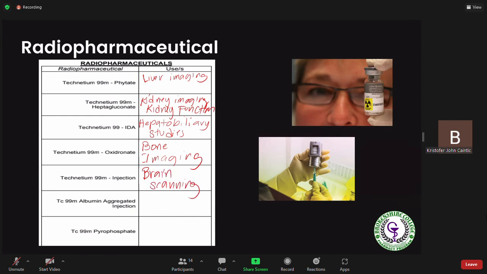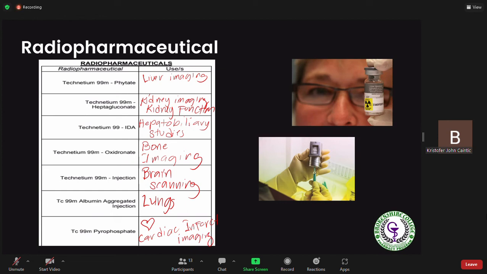And we have your technetium 99m albumin aggregated injection. This is to scan the lungs. Your technetium 99m pyrophosphate is to scan your heart, or to test your cardiac infarct imaging.